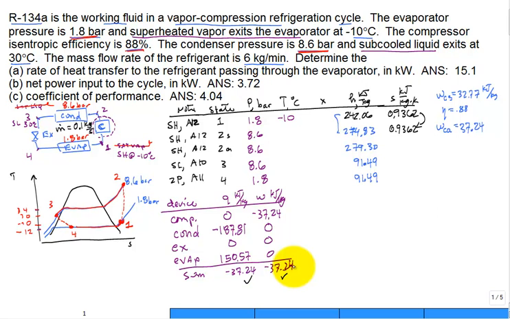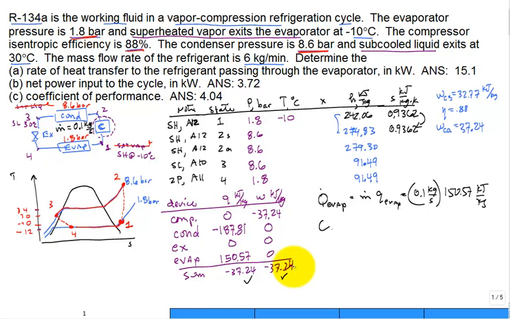Okay. Now the next thing we need to do is just answer our questions for part A. What is the rate of heat transfer passing through the evaporator in kilowatts? Well, this is Q dot in the evaporator, which will be the mass flow rate times lowercase q in the evaporator. All right, we found 0.1 kilograms per second. And then in the evaporator, 150.57 kilojoules per kilogram.